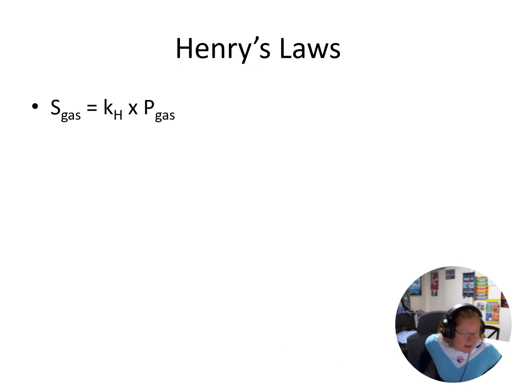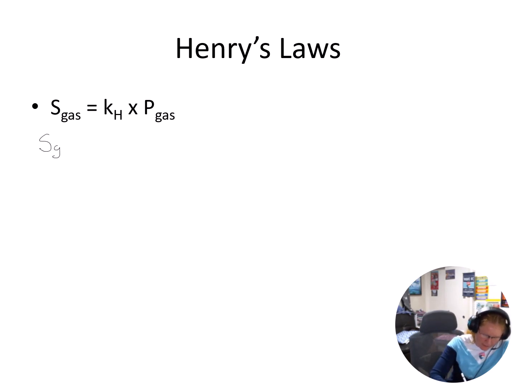All right. So we have this Henry's law. Henry's law shows that the solubility of a gas is directly proportional to two components. It's Henry's law constant and the partial pressure of the gas above the solution. All right, so S of a gas, the solubility of a gas.